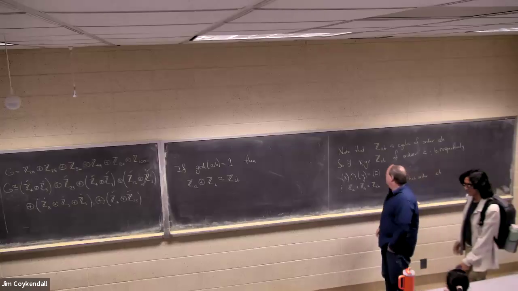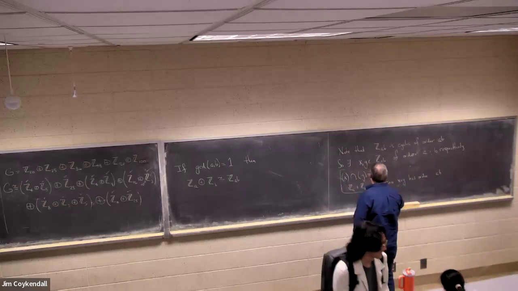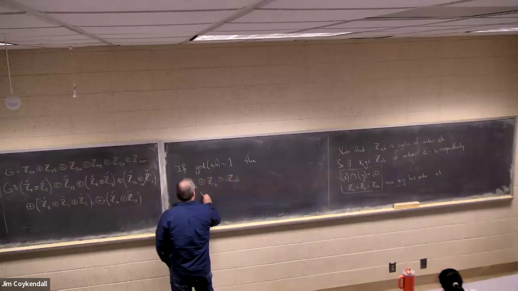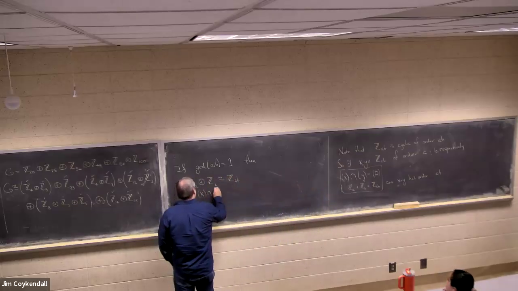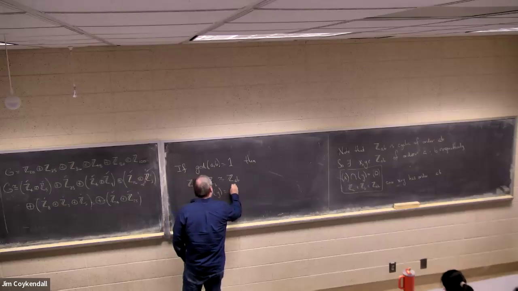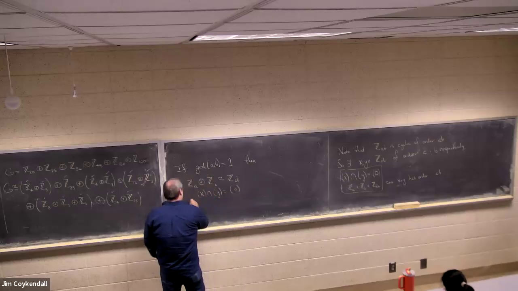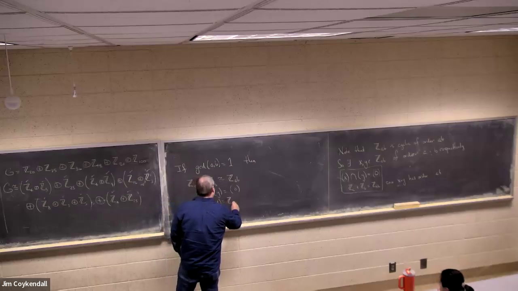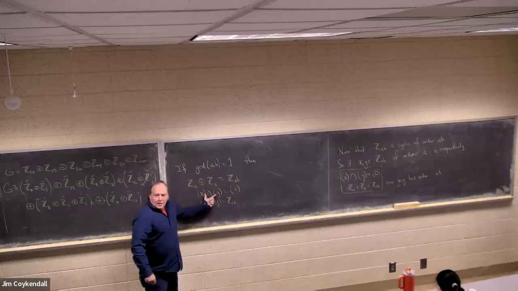And this does it because you have two subgroups whose intersection is trivial.